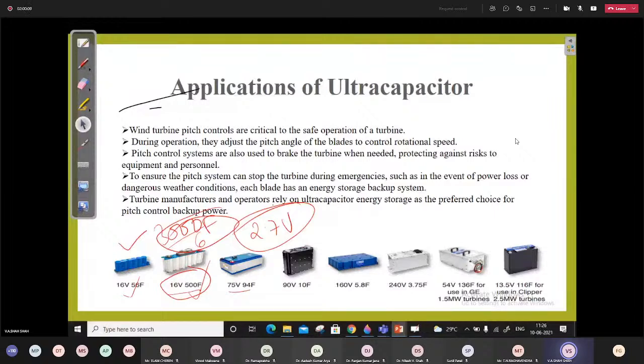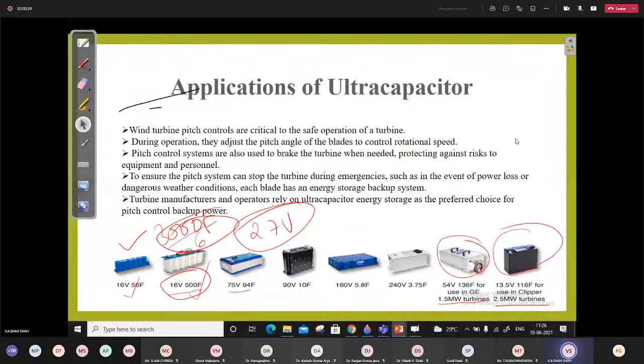They may be used for a 2.5 megawatt turbine in Clipper, and a GE 1.5 megawatt turbine. Also, this type of supercapacitors are used. So turbine manufacturers and operators rely on ultracapacitor energy storage as a preferred choice for pitch control backup power. So it has tremendous applications. Different types of applications are there.